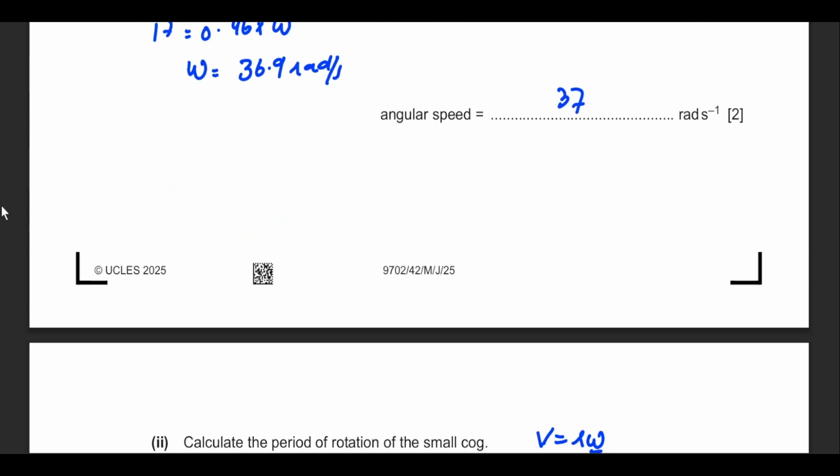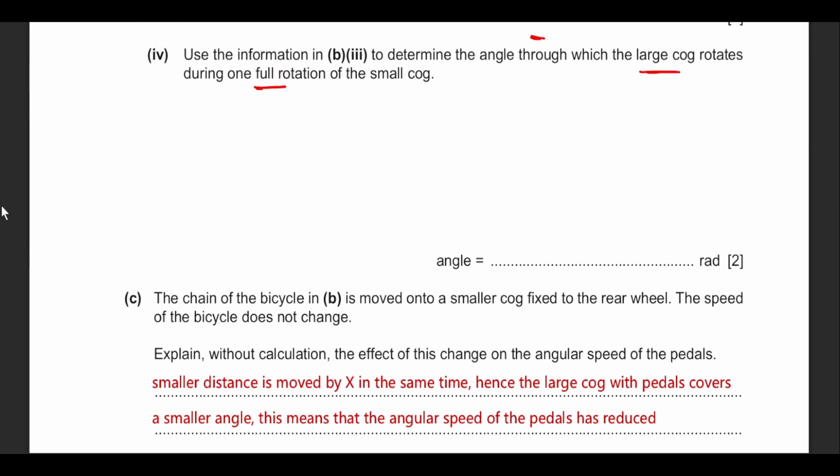So what we're supposed to do here is this. So what we can do is simply find the distance ratio. So that would be 0.24 divided by 2 pi into 0.15. So this comes out as 1.6 radians as an angle.